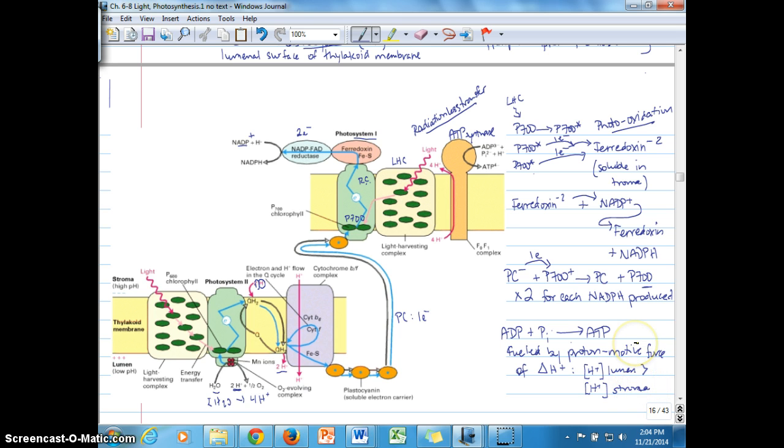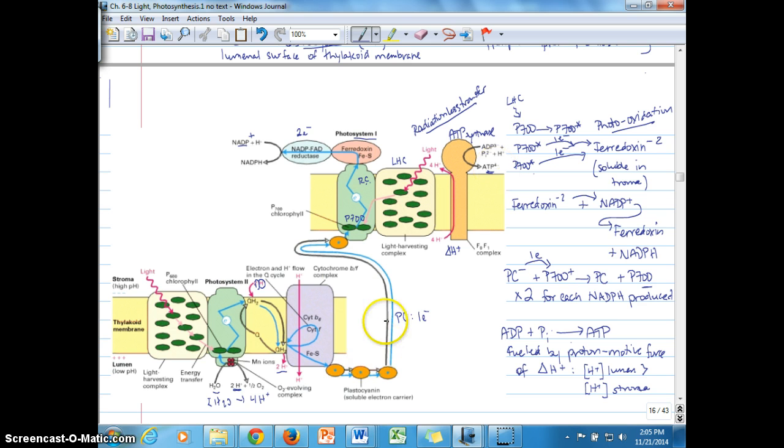So that concentration gradient of hydrogen ions is what then builds up potential energy, and then that potential energy drives this complex to bond the phosphate groups to ADP and produce ATP.